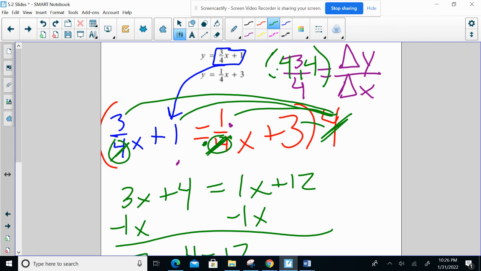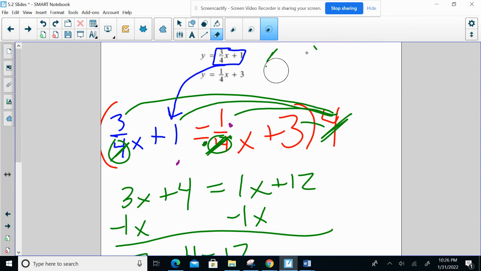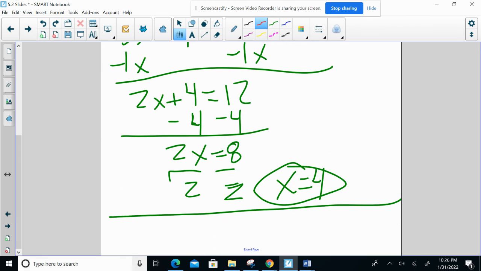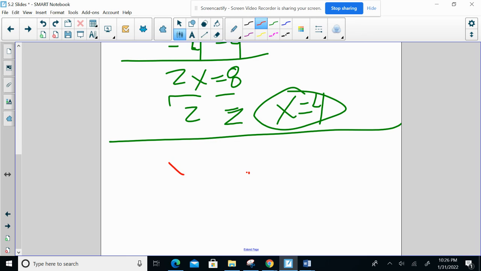Now, we do need to find the other variable. The answer was 4, 4. So we need to find y. So from here, what we do is we take one of our equations. Doesn't matter which one. Our originals.